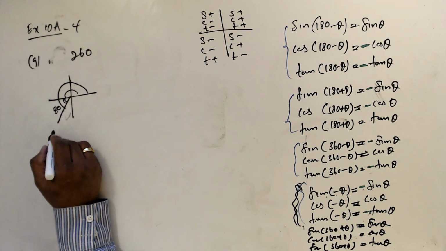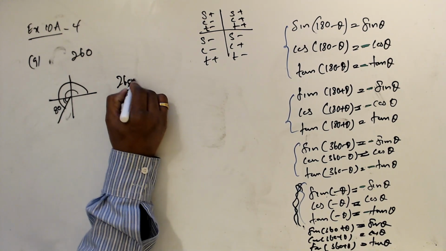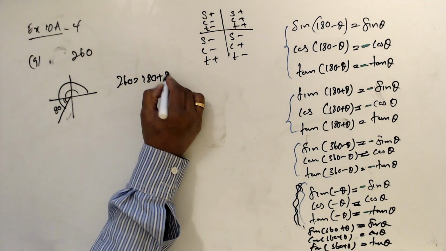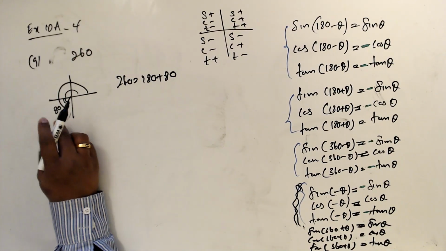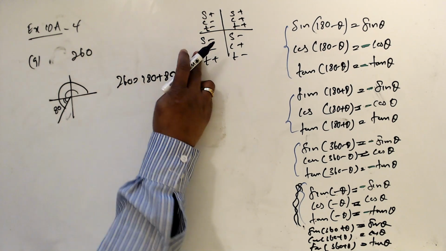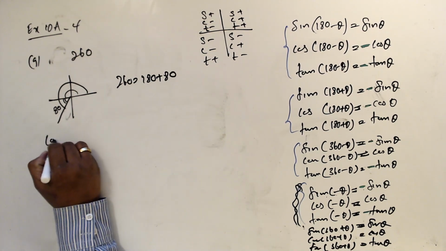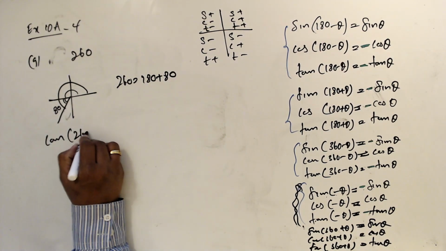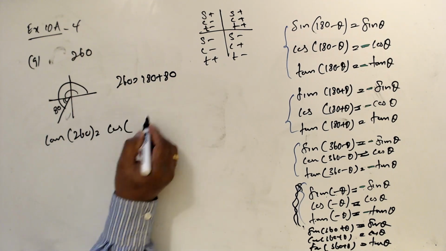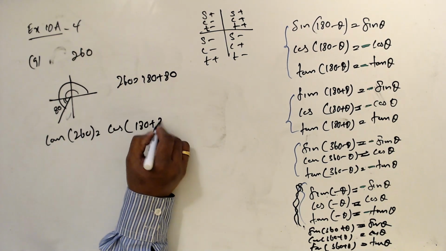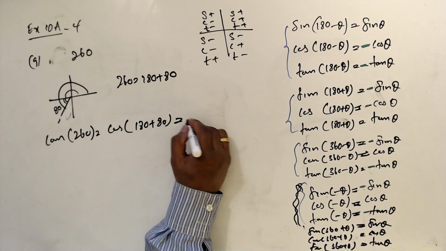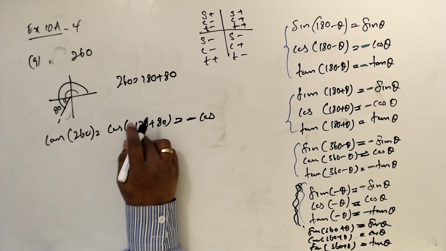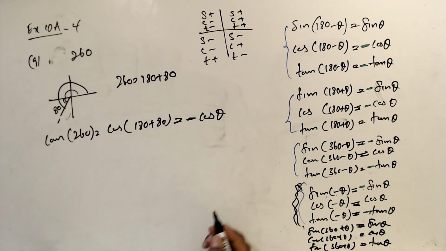So 260 means 180 plus 80. In this third quadrant, cos is negative. So cos 260 equals, we write it like this: in this quadrant cos is negative, and we drop 180 and simply write the answer.